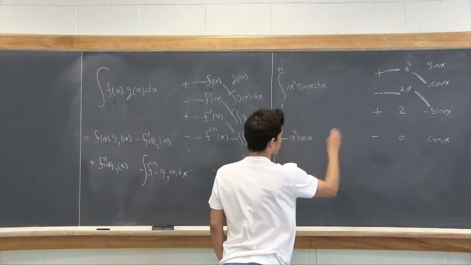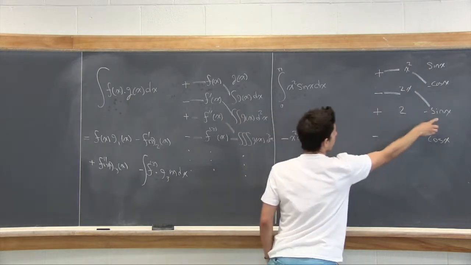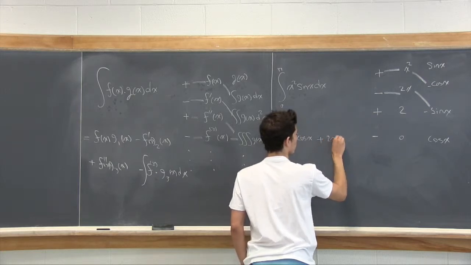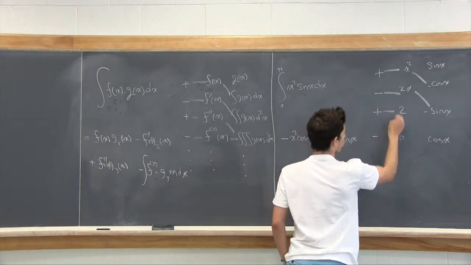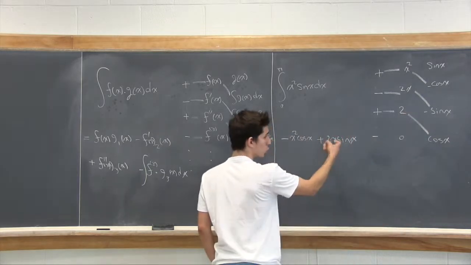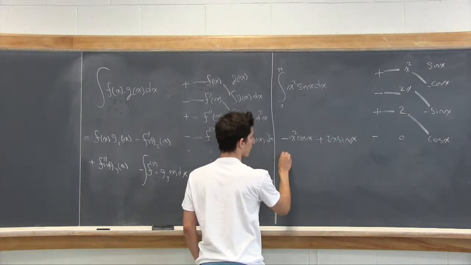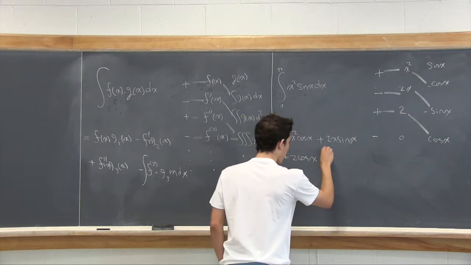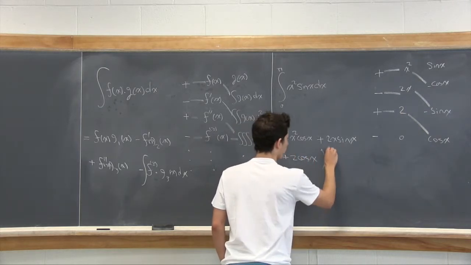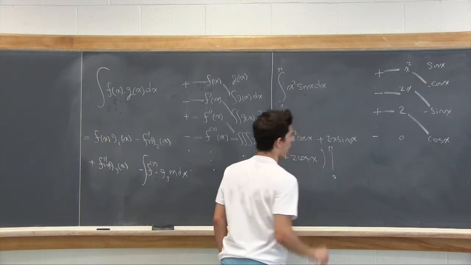Minus times minus is plus 2x times sine x. Third term, across and down, 2 times cosine x. And that sign is plus, 2 times cosine x. And this is all evaluated from 0 to pi.